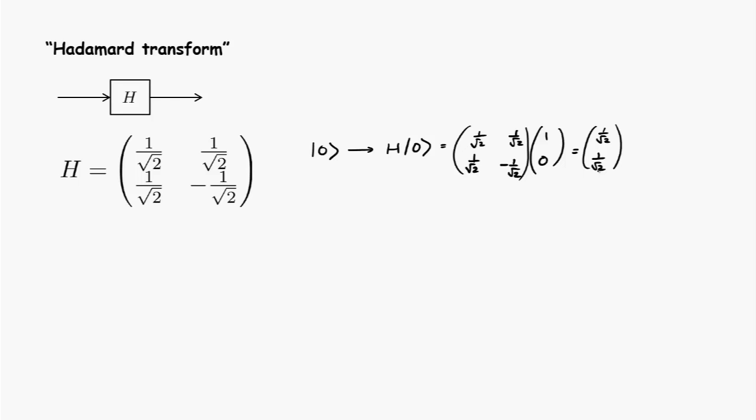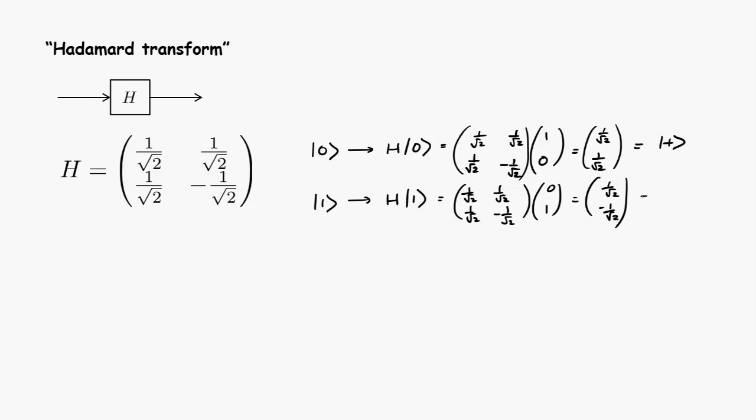So that picks out this first column. Now this should be a state that you recognize. This is the plus state. What about 1? It gets mapped to H of 1. This picks out the second column of this matrix. Again, that's the minus state.